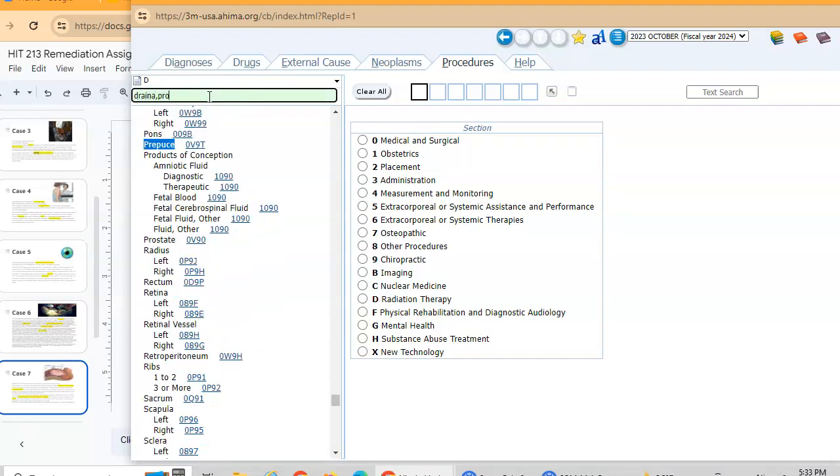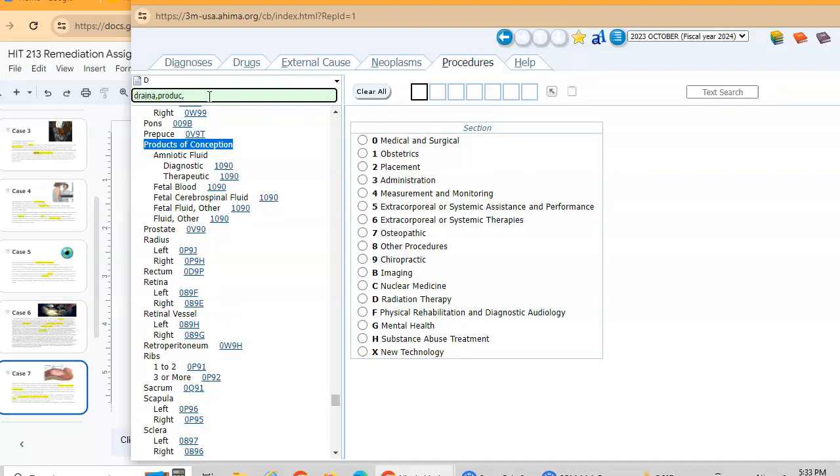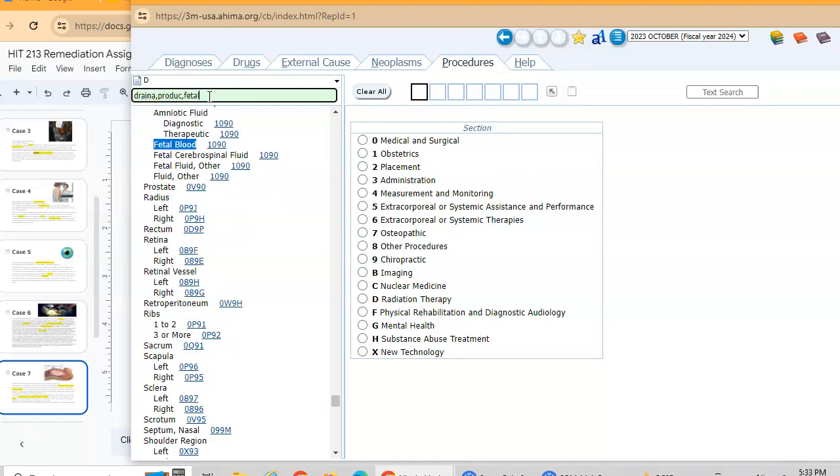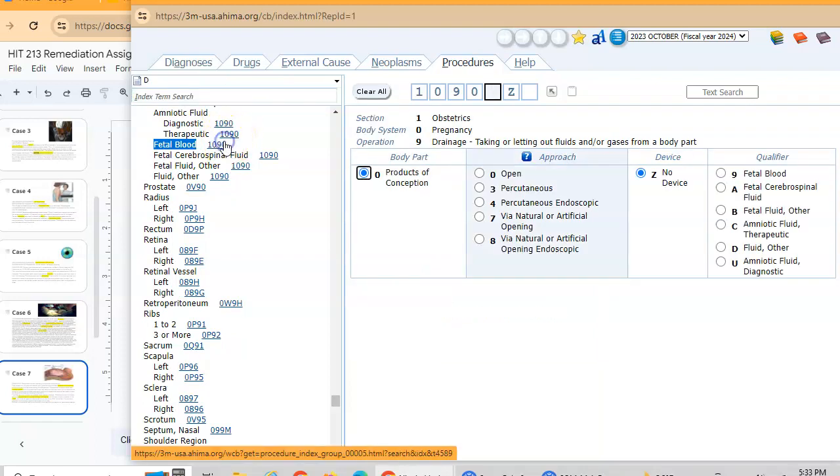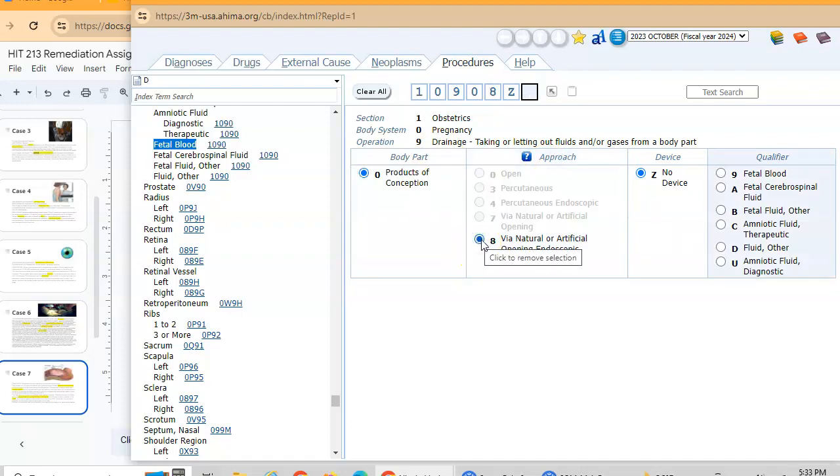And then again, we know it's a product of conception, and we know we're going for a fetal blood. There it is, so we'll click on that. I'm going to select this one because it says the scope, and then we know we are looking for fetal blood. So there is our code of 10908Z9.